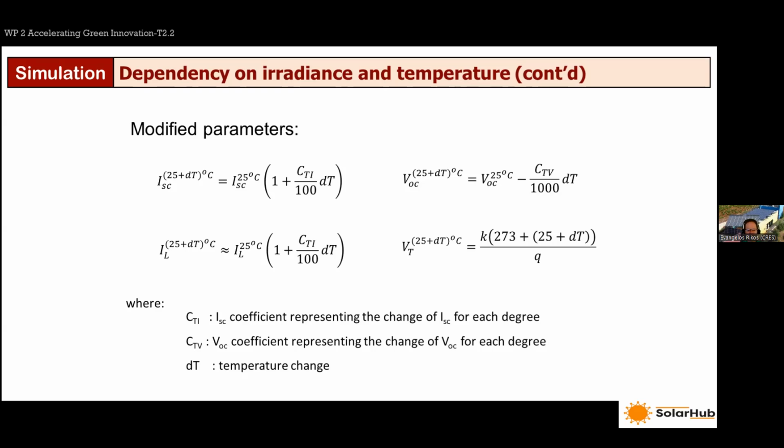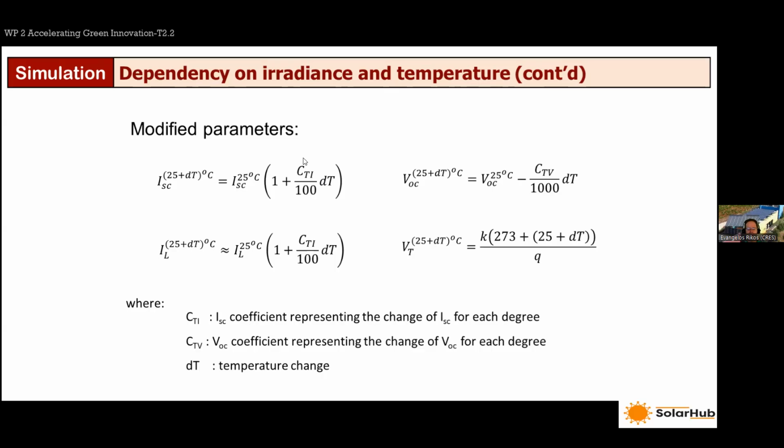And here, as opposed, for example, to 25 degrees centigrade, the short circuit current changes using this formula, where we have to use a specific coefficient. This coefficient is provided by the manufacturer. Otherwise, we can obtain it by conducting specific measurements, right?